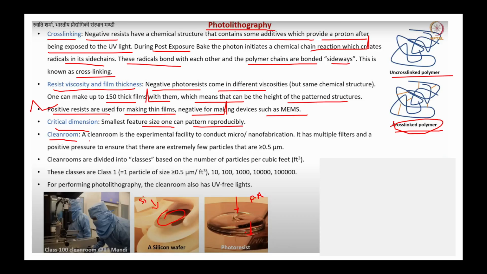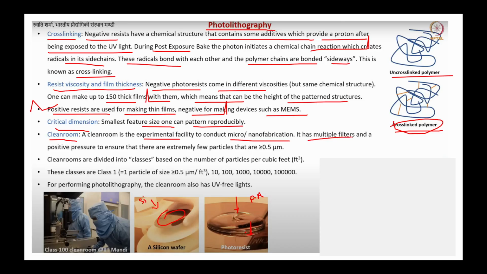It should not have any dust particles, any contamination, or any toxic gases, so it has to be clean at a very high level. A clean room is an experimental facility to conduct micro and nano fabrication. Because if you go to such a low level of work, fabrication of devices at the nano scale, then it is very important to maintain cleanliness in your fabrication.